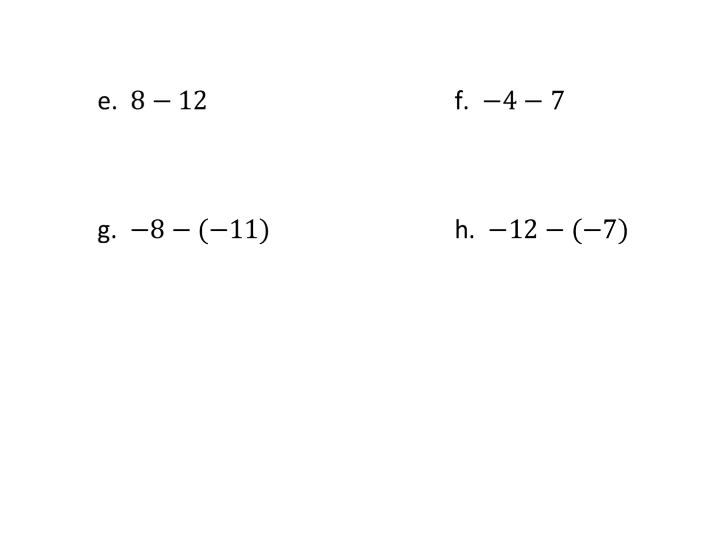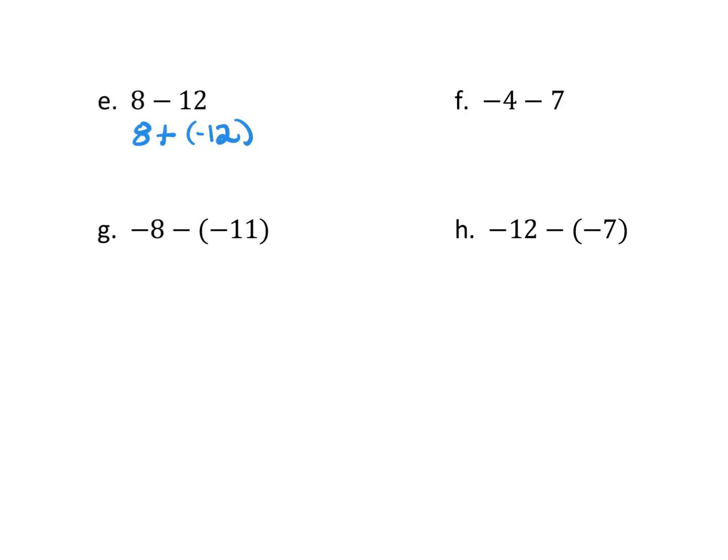Example E, we have 8 minus 12. And so again, remember, we do not want to think of this in terms of a subtraction problem. We don't want to think of it as an operation. We want to think of this as the sign of the number. And what we are essentially doing here is we are combining 8 and negative 12.